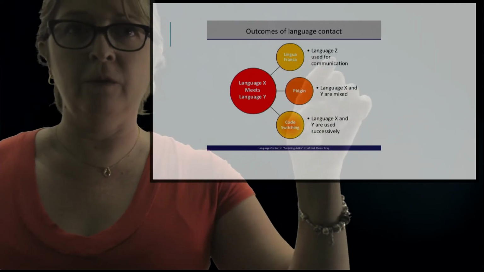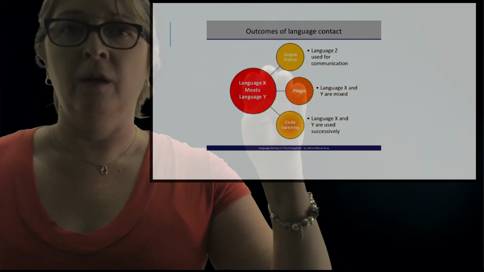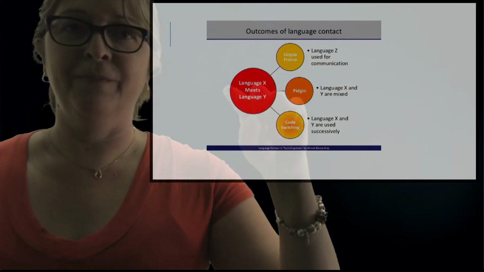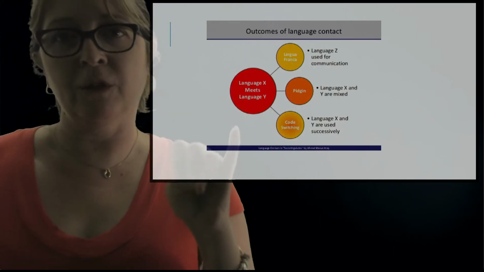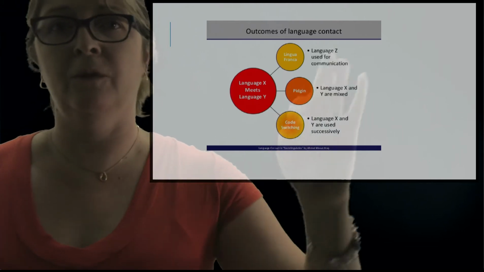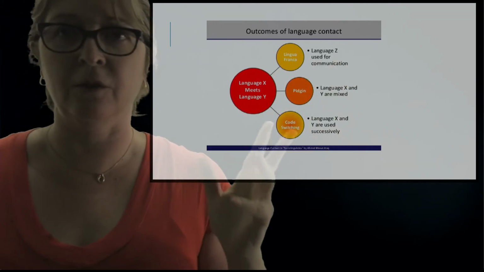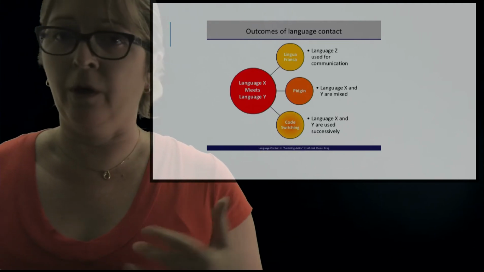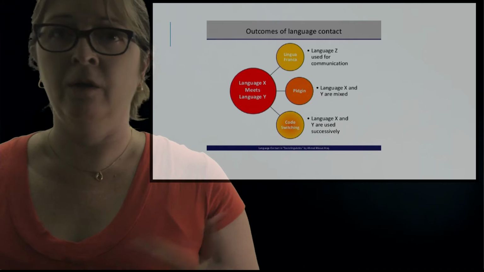Lingua franca, which is X and Y make Z. No, just kidding. You have language X and language Y, so you could have a totally separate language, which is the lingua franca, such as English, used to communicate for government, for law, right?